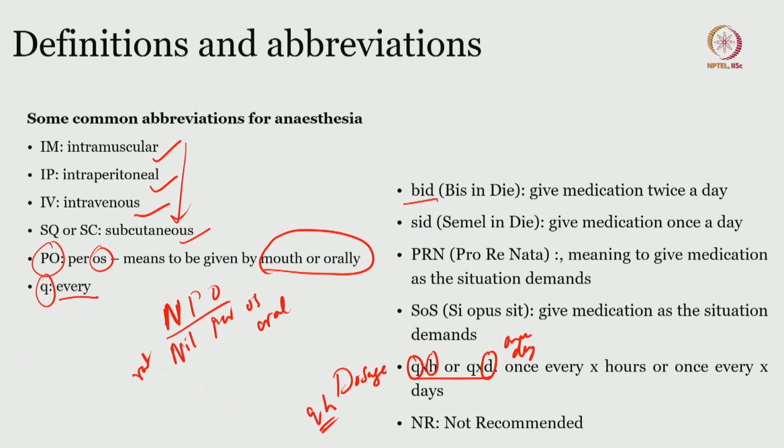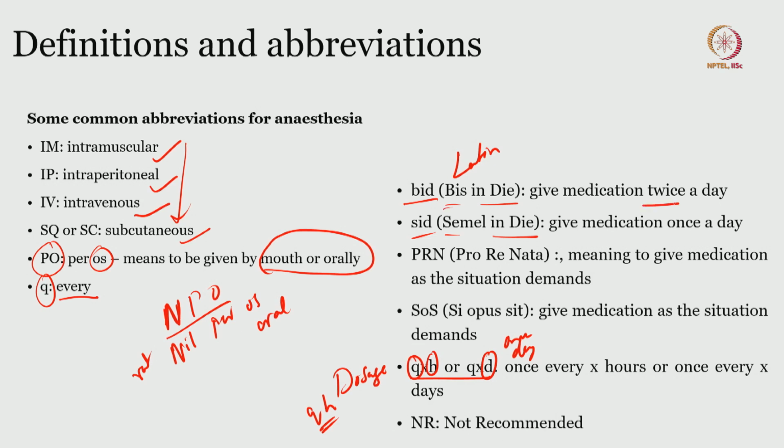So BID, SID, all these have come from Latin terminologies, where BID actually stands for bis in die, alright. SID refers to semel in die. These are Latin terminologies taken into English. There are a lot of Latin usages in medical jargon, and that is how it has become complex. But if you look at the literal meaning of what those Latin words actually mean, it makes more sense and it is easier to remember.